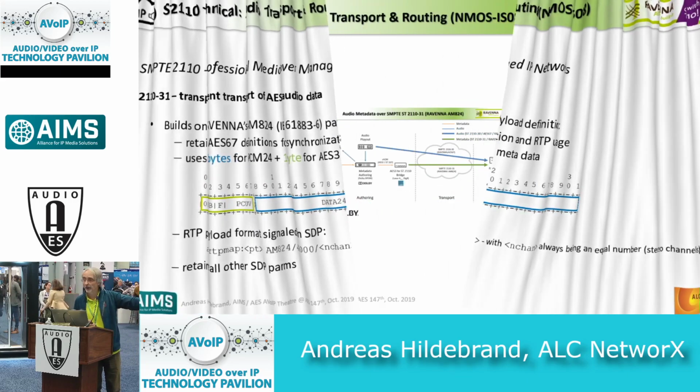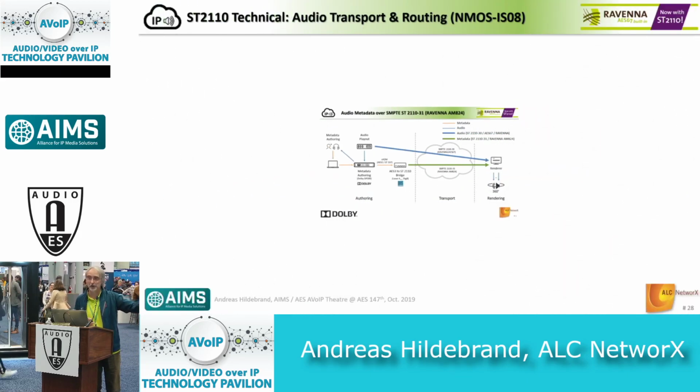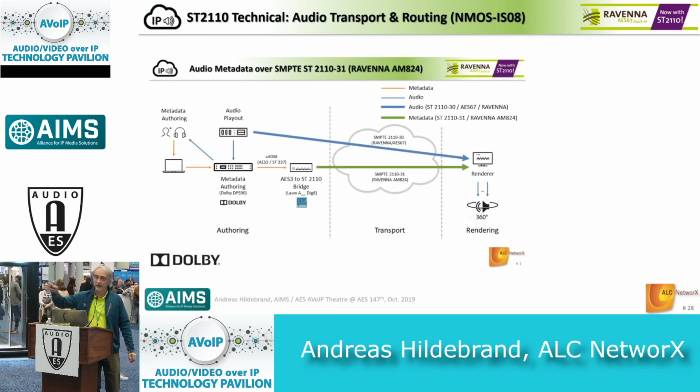And guess what? We have an initial application for this. We have a technology demonstration right there at the Ravenna booth where we transport linear audio objects in an immersive audio setup with AES67 and have an authoring tool which generates S-ADM metadata describing the positioning and leveling of these different audio objects. They are transported across the network with the -31 stream by taking the AES3 output of the authoring tool and converting it into a -31.